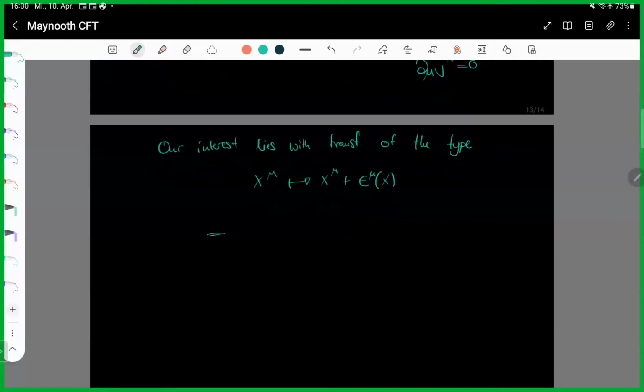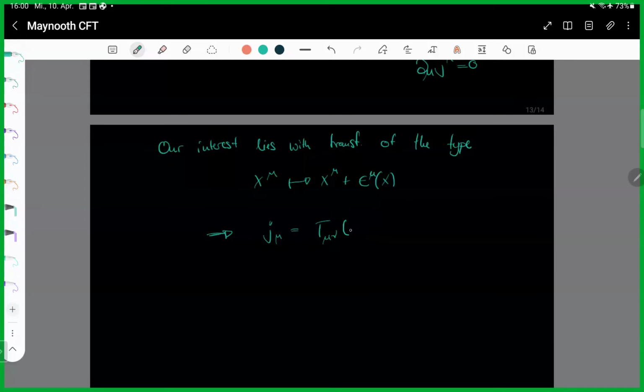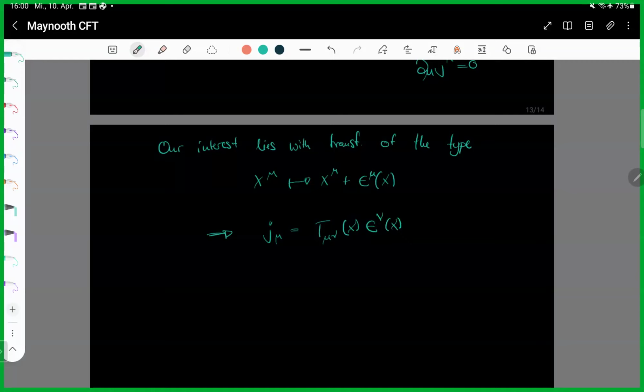You can just run the Noether algorithm, and what you will find is a current which for this transformation looks like epsilon mu of x. No, that's nu of x. Okay.